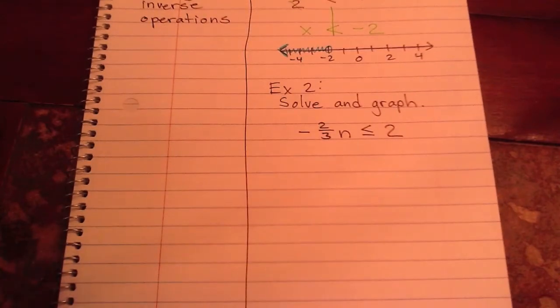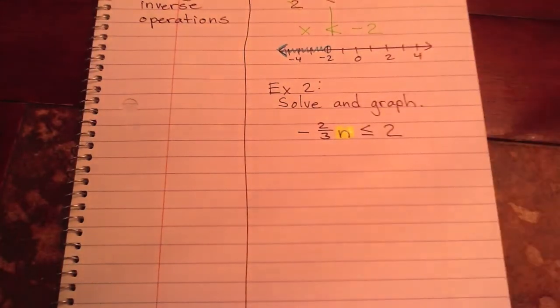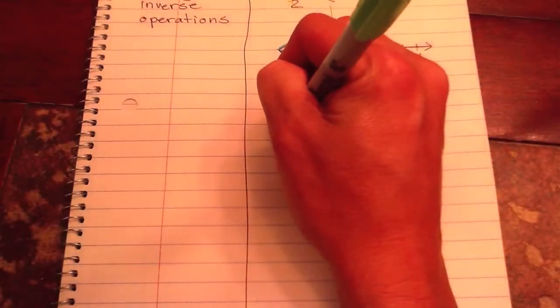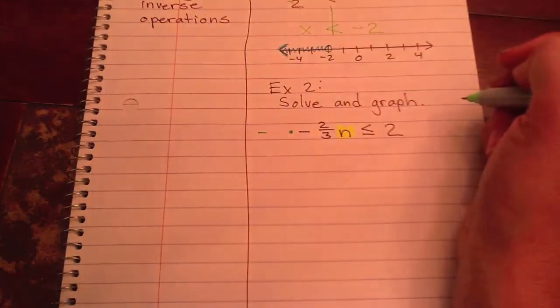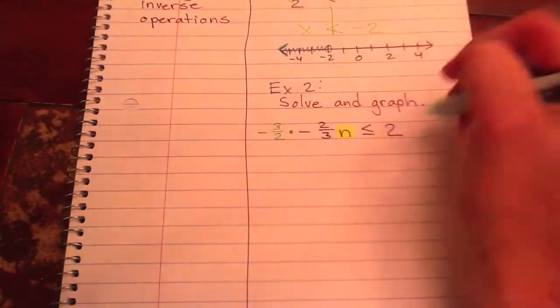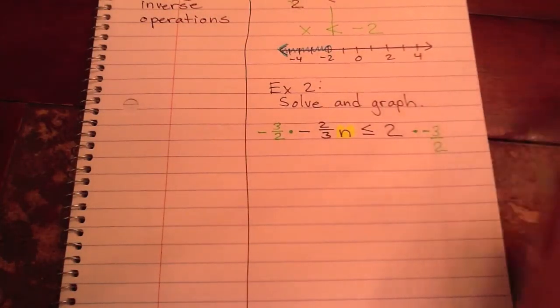Alright, so again, this is the variable you need to isolate. How are you going to move -2/3 over? You're going to multiply by the reciprocal. And you always keep the sign the same because you want that negative to become positive. So you multiply by -3 over 2.